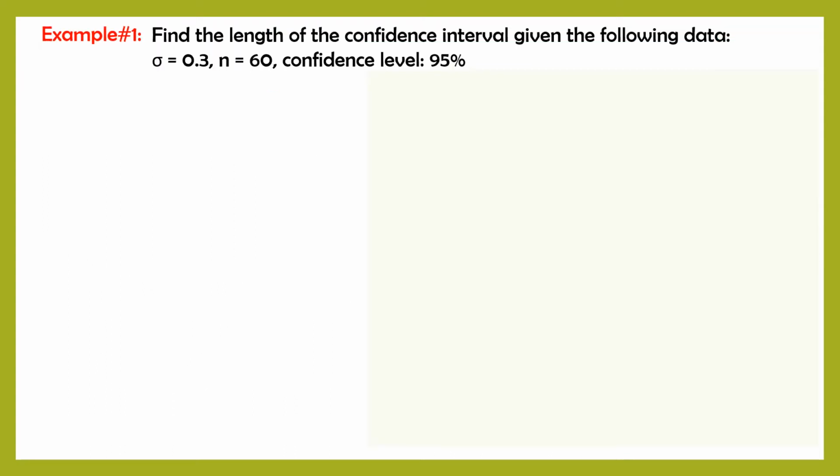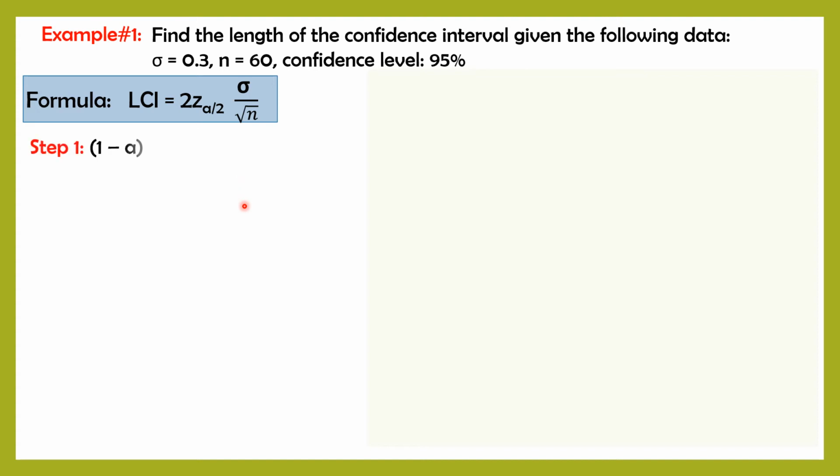For example, find the length of the confidence interval given the following data. The lowercase sigma, that is the population standard deviation, which is equal to 0.3. And the sample size, which is equal to 60. Confidence level is 95%. So, let us use the third formula. Sa third formula natin, ang unang step natin ay kunin natin ang alpha.